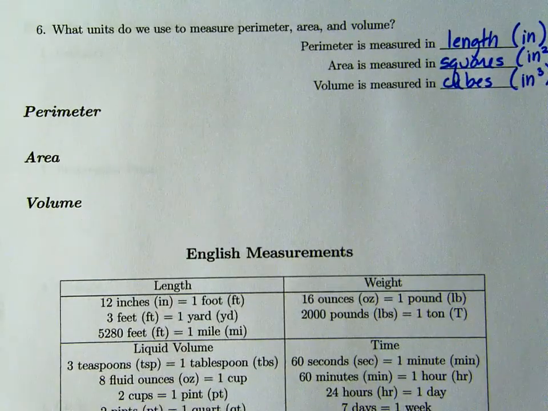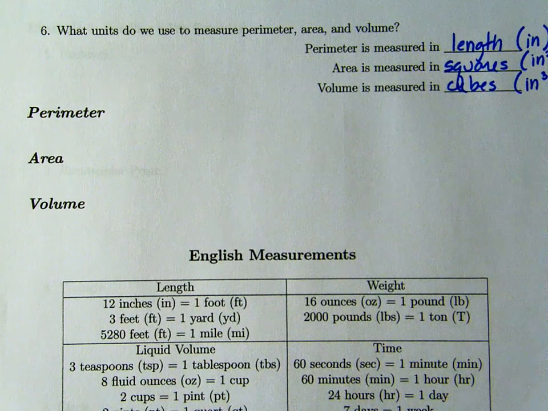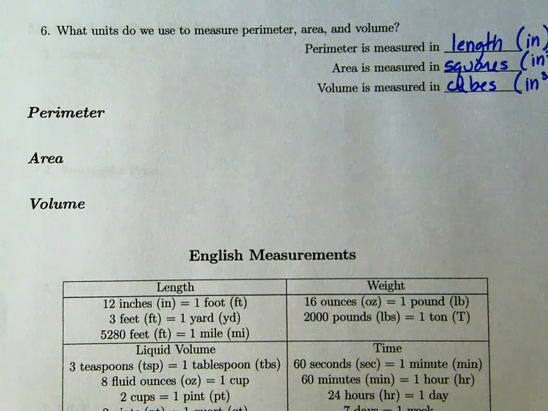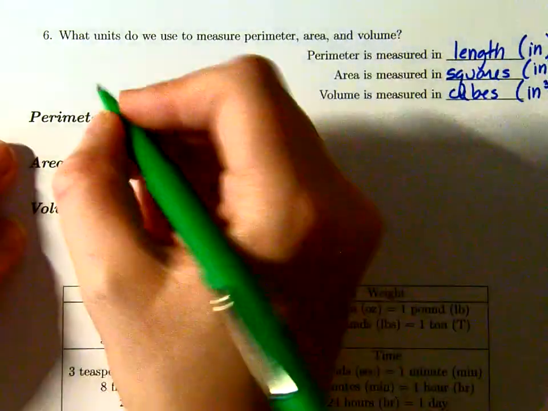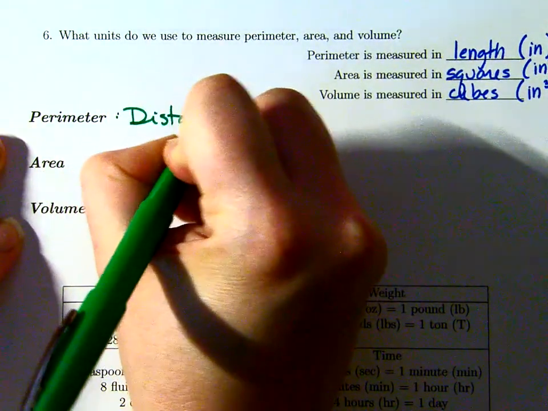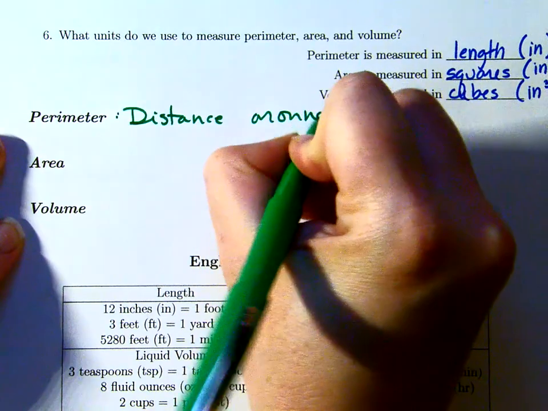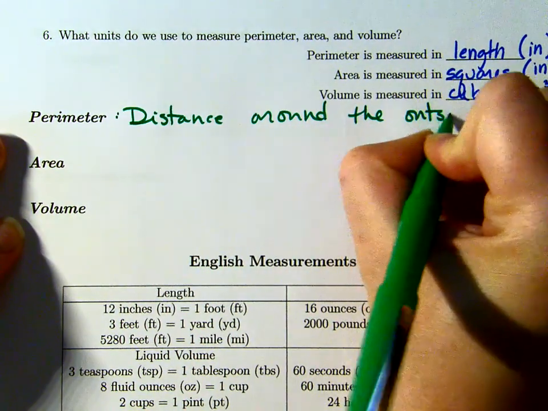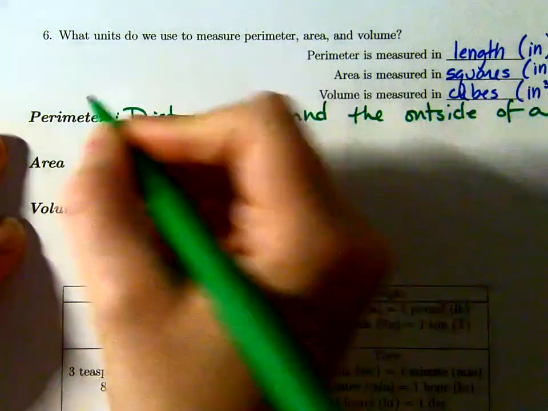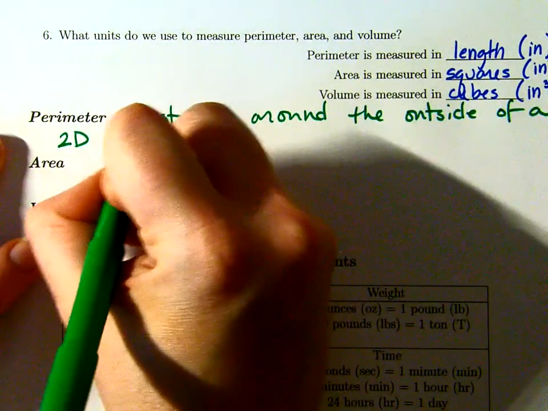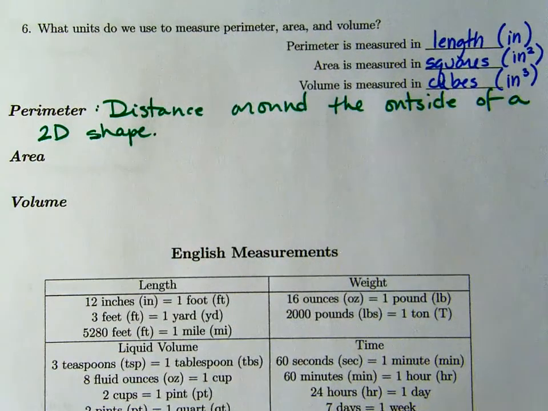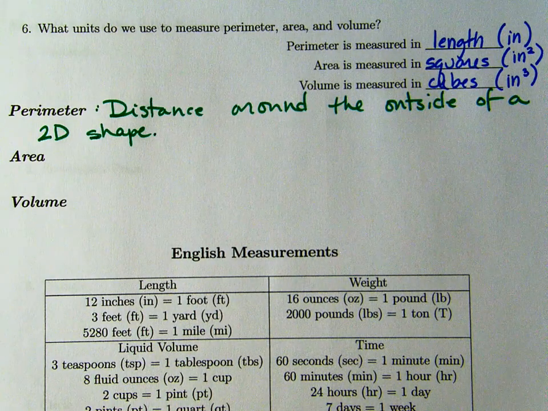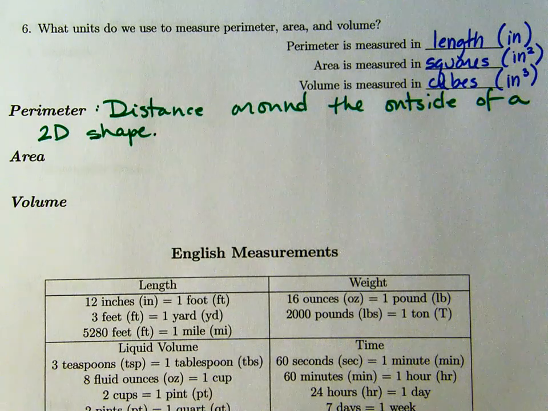Okay, let's write these down before moving on to the next example. Perimeter is the distance around the outside of a 2D shape. Area, to me, is the measurement covered on the inside of a 2D shape.